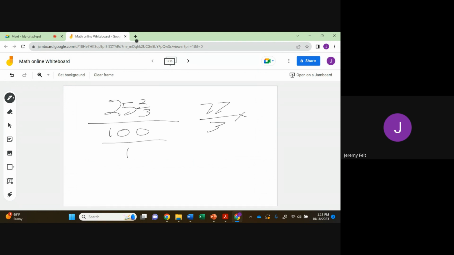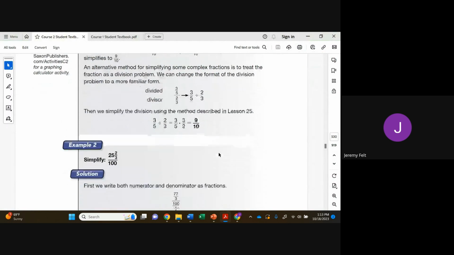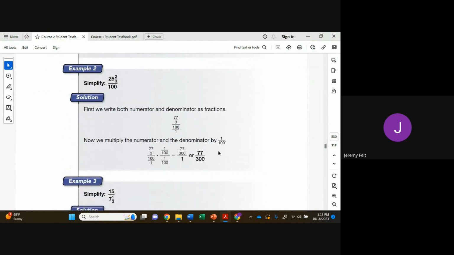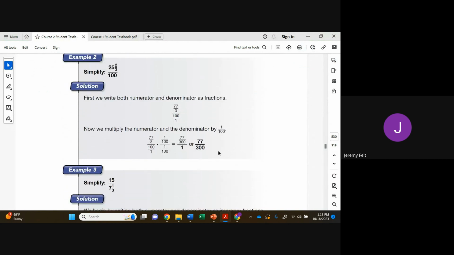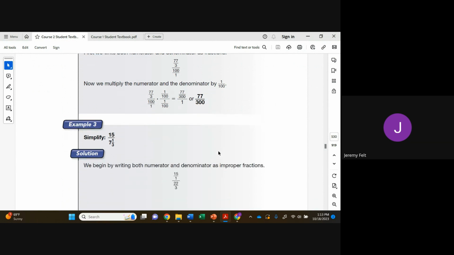Okay, and then dividing by 100 is the same as multiplying by 1 over 100. Okay, so again, multiplying by the reciprocal, and we get 77 times 1 over 3 times 100, and then reduce it down if possible, okay, which it doesn't look like we'll be able to. 7 and 7 is 14, so 3 doesn't go into it. Yeah, okay. So 77 over 300.